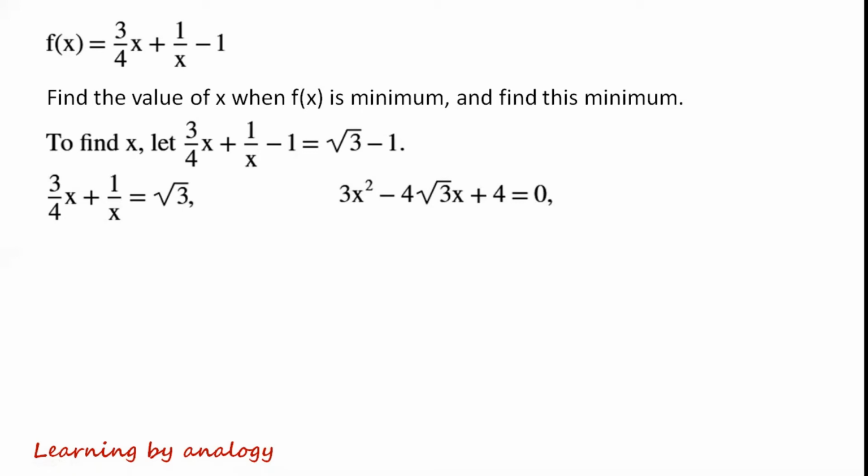So we multiply each term on the left-hand side and the right-hand side of the equation by a common multiple, preferably the lowest common multiple of the denominators of the fractional terms.